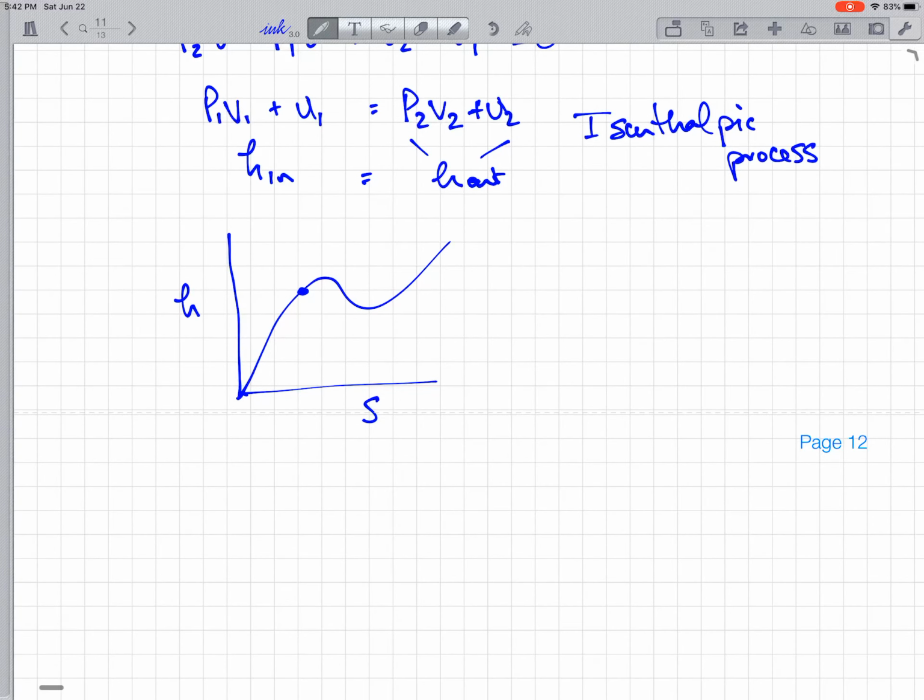And we're going to throttle it out, and it's going to be isenthalpic, so it's going to go somewhere this way. This is going to be superheat, and this is going to be wet vapor. So something's going to happen. We don't know. It could land anywhere in here, but we're going to figure that out.